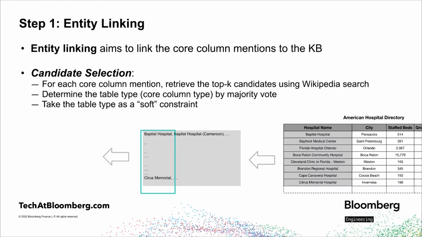And we find that the type of this table is hospital. We take this type as a soft constraint. Why a soft constraint? In the literature, some methods use this type to exclude candidates in this step. It resulted in a pretty low recall. That's why we put it in a later stage, using it in a very light way.